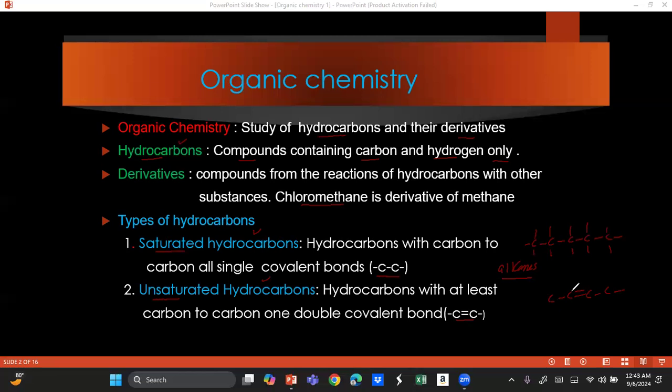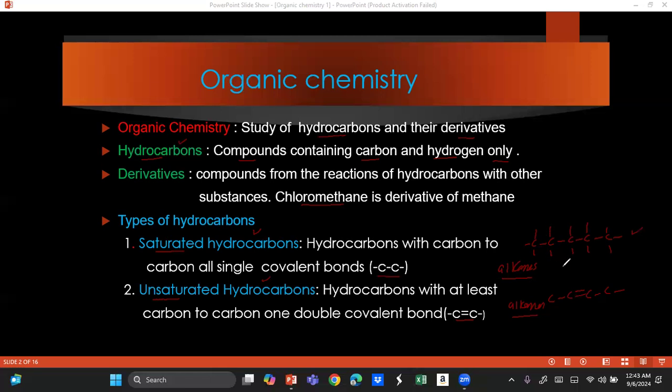This is a double covalent bond. Now, what will be the effect on properties? This is a member of alkanes, this is a member of alkenes. Alkenes are all unsaturated. Alkanes are all saturated.